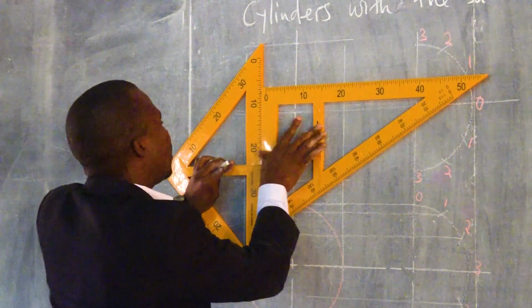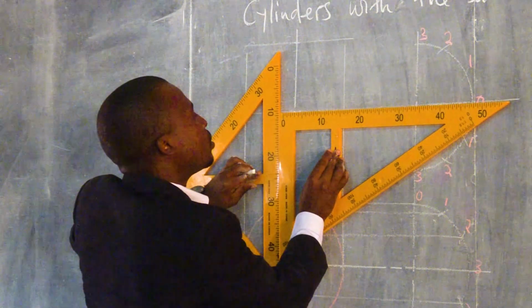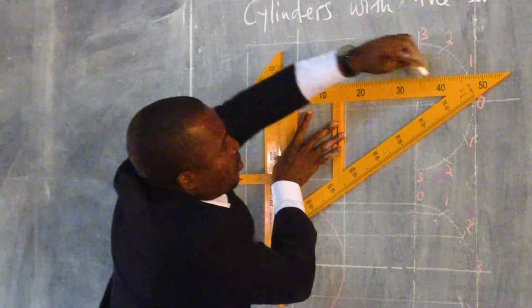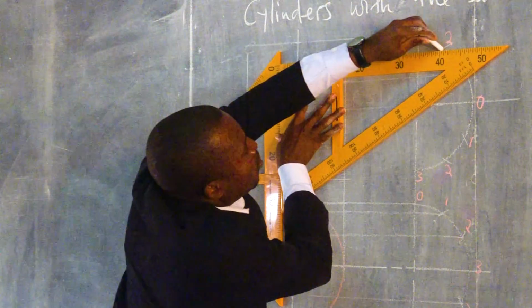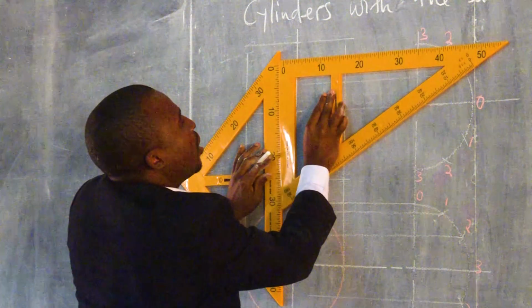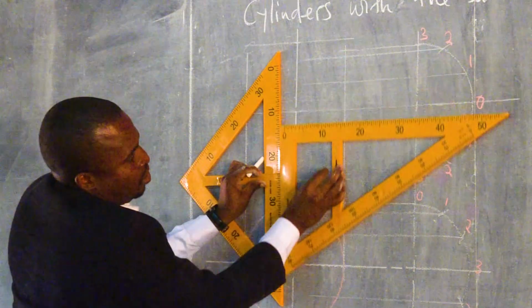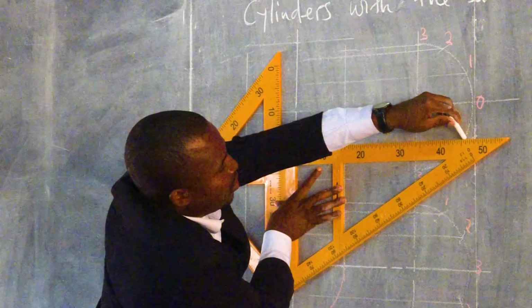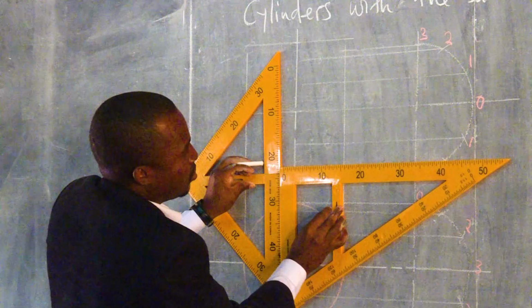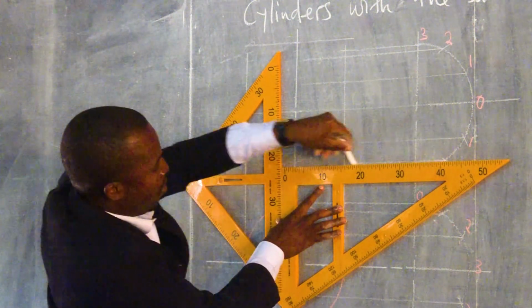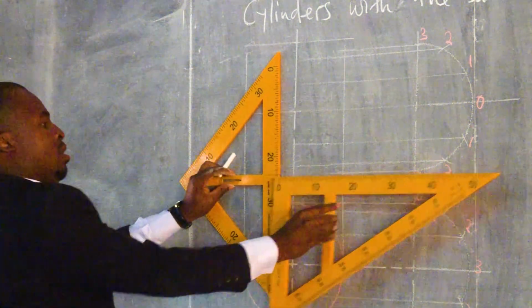Then start 1. 1 there. Then 2. 3, then you come down. 1, 2, 3.